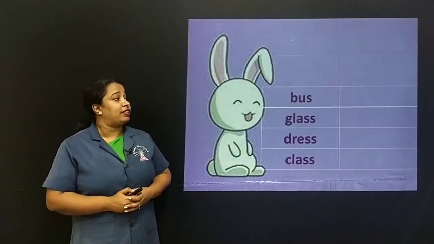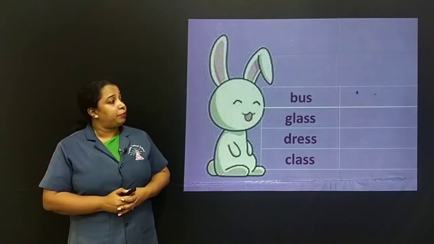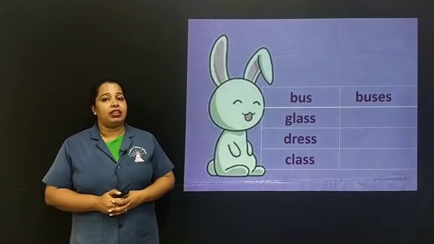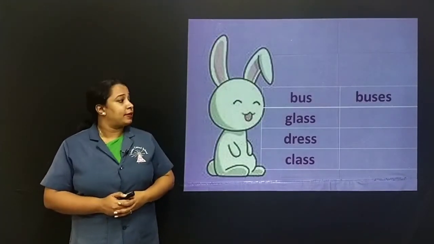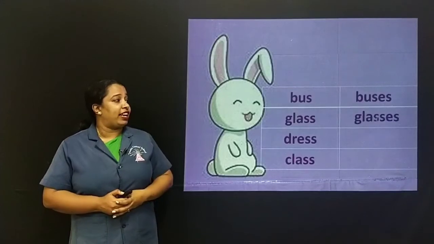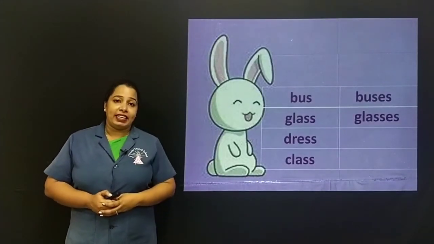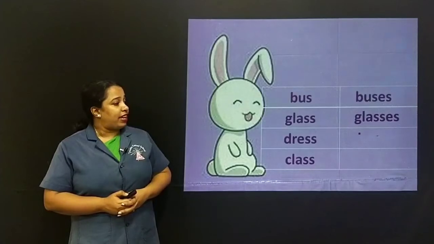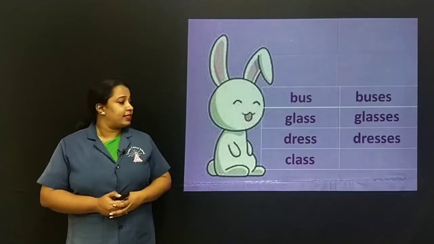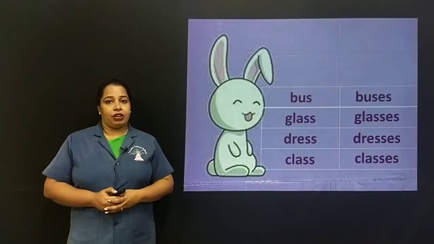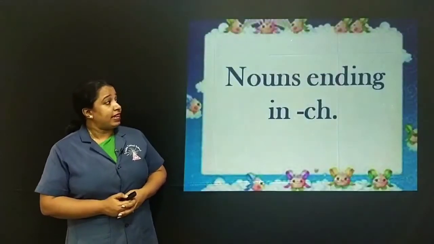Bus ends with S. So after bus, we add ES and make it plural. It becomes buses. Glass ends with SS. After SS, we add ES, glasses. Dress, dresses. Class, classes.